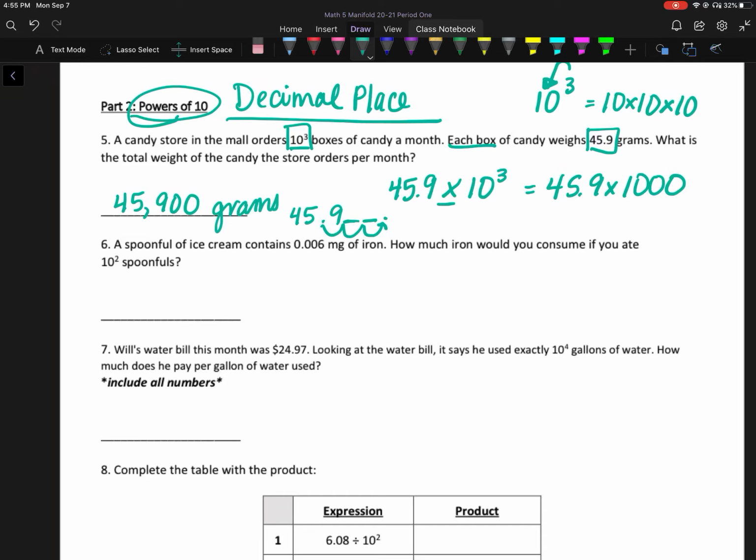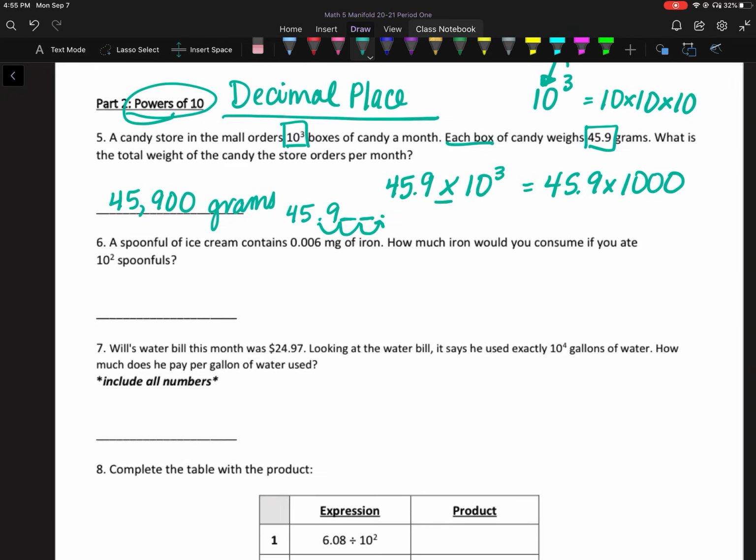A spoonful of ice cream contains 6/1000 of a milligram of iron. How much iron would you consume if you ate 10 to the second spoonfuls? So we have 6/1000 times, because that would be for one spoonful.